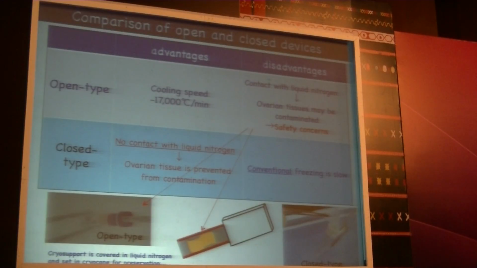But such contact is, of course, a safety concern. It is preferable to develop a closed device for ovarian tissue vitrification that freezes ovarian tissue as quickly as open devices do. We have thus developed the closed device for ovarian tissue vitrification using carbon graphite sheet.